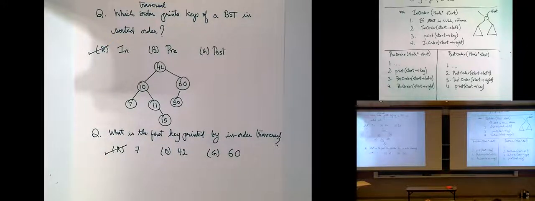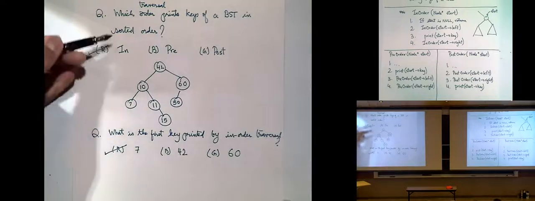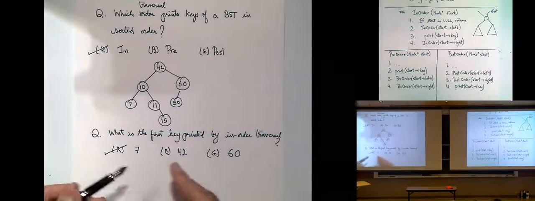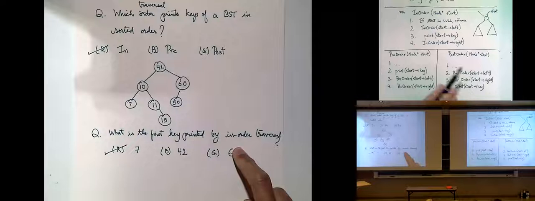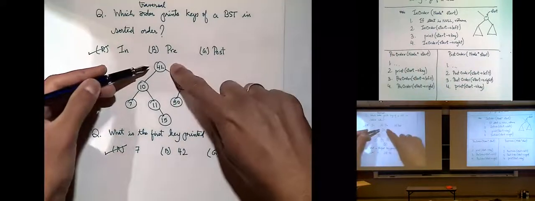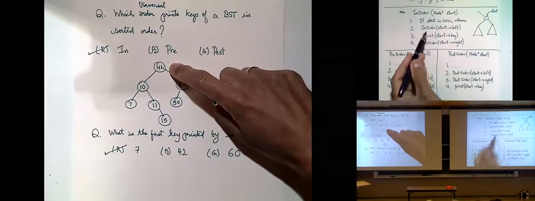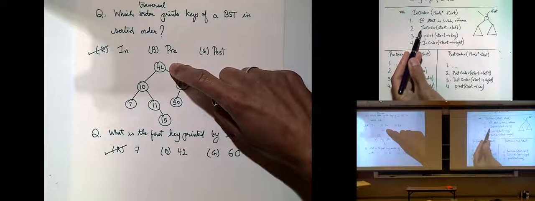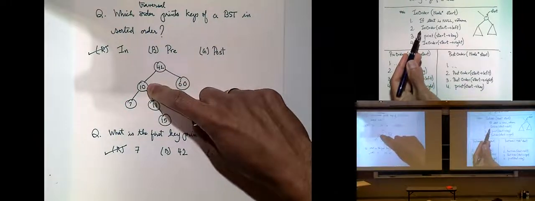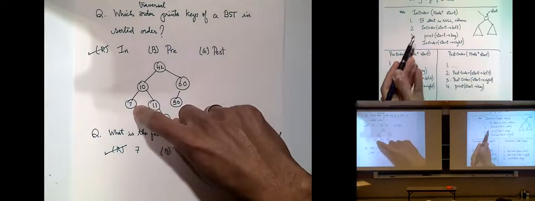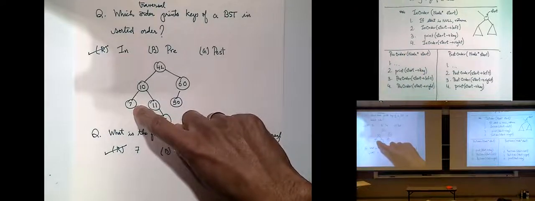It's 7 because it's printing in sorted order. So these two answers are consistent. So how does the in-order traversal work? Let's go back to what it's doing. It starts at the root. Then it does an in-order traversal starting from the left. So go to the left. Then it goes there.